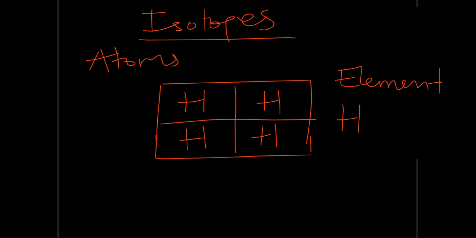Now, it's very important for us to remember that all the atoms in this element should always have the same atomic number. In fact, atomic numbers are the numbers that actually define what elements are. So it is the atomic number that will tell you what kind of element you are dealing with.